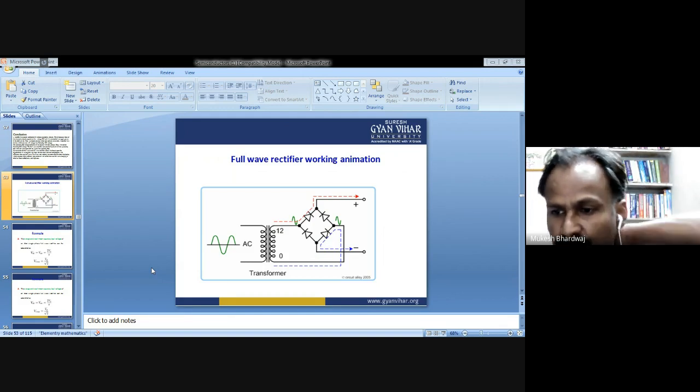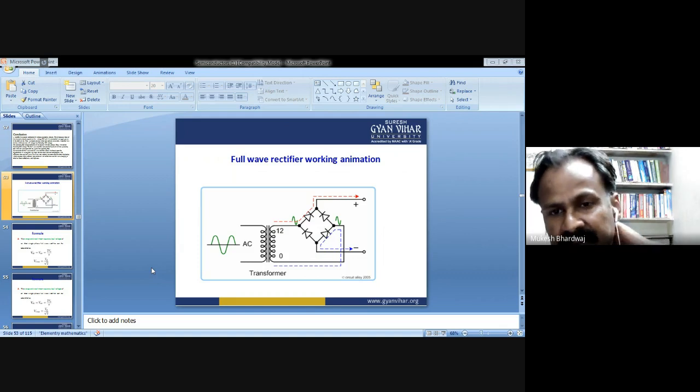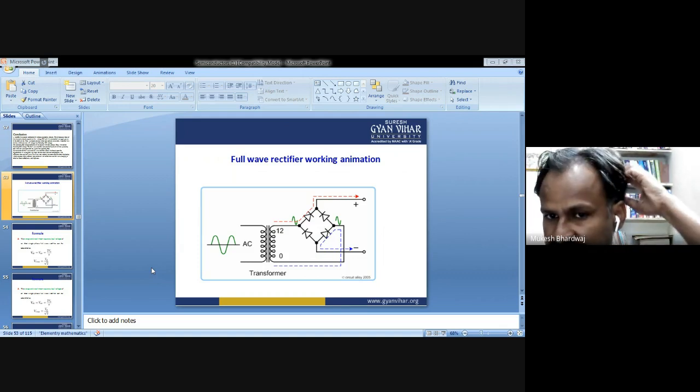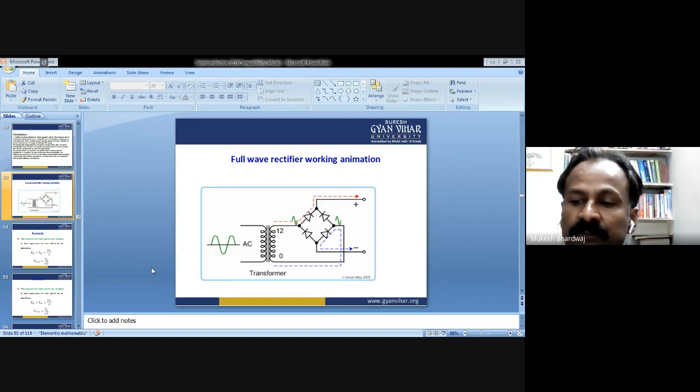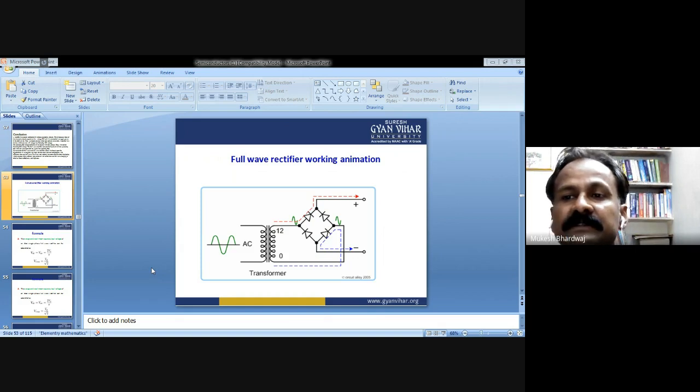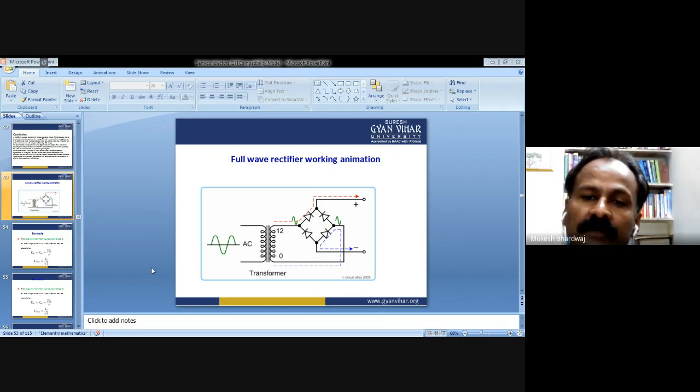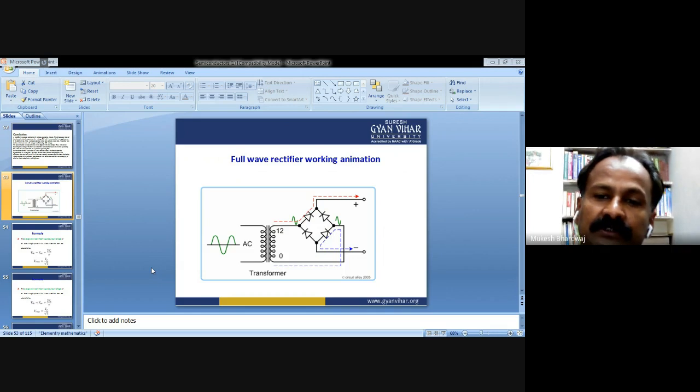In this situation, diodes D1 and D3, that is vertically opposite diodes, are forward biased, that is in the on position, so they conduct, whereas diodes D2 and D4 are reverse biased, that is in the off position, so they do not conduct. So a current flows along a direction which is shown in blue and the direction is shown in red.